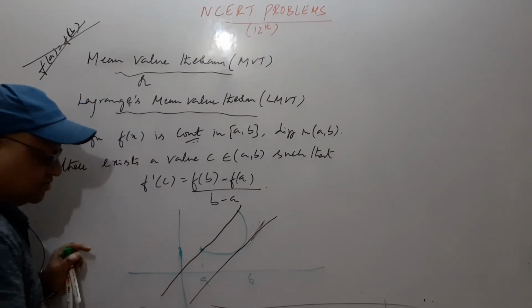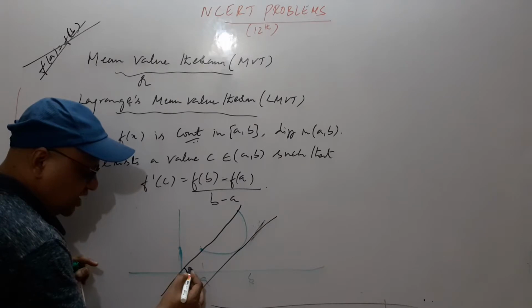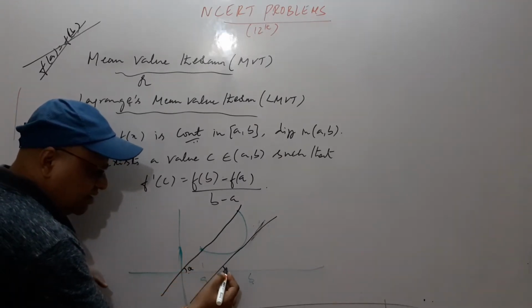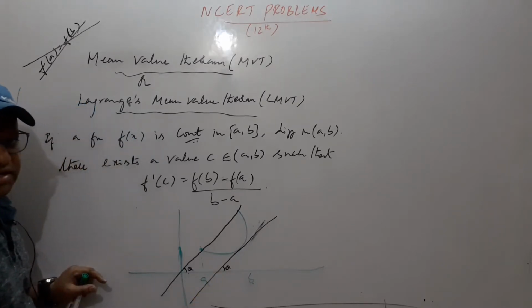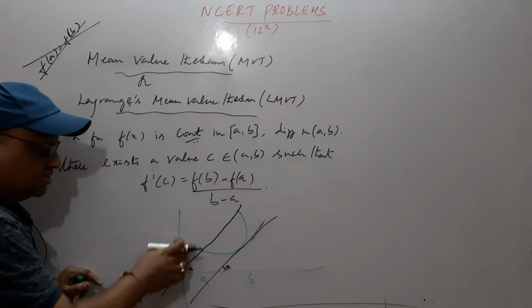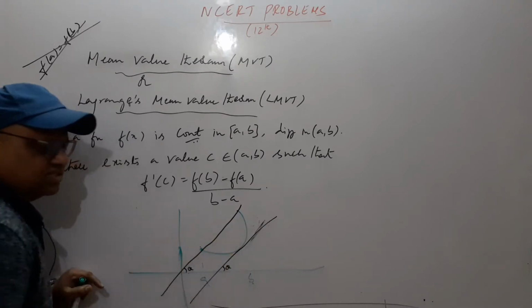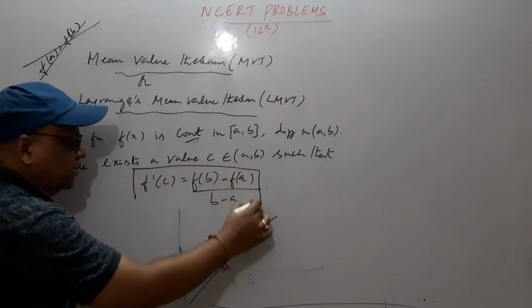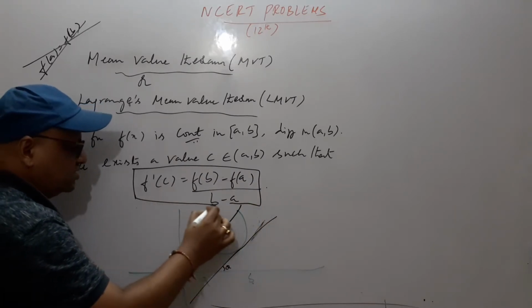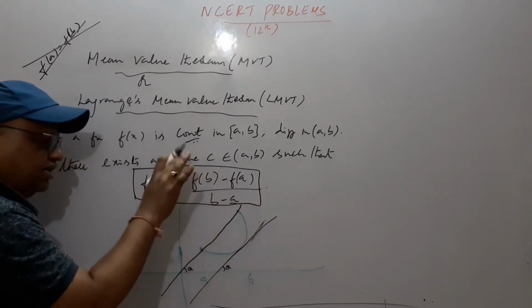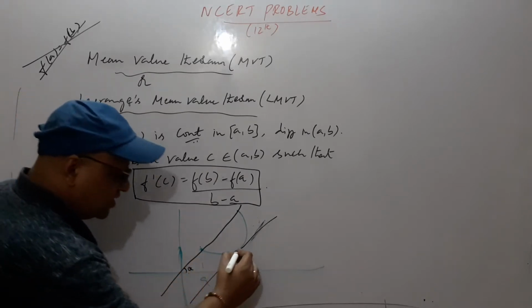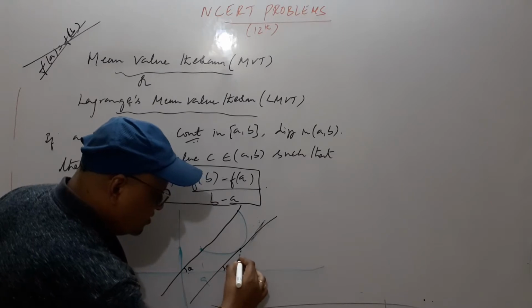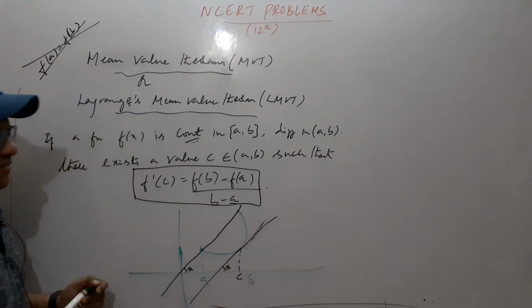If you just observe, this secant is making theta, the angle with the x-axis, because both are parallel, this is also theta, we can consider. So that means the slope of this is equal to slope of this. So this particular formula gives slope of the secant. Indirectly, it is giving us slope of the tangent at the point C. This is your point C, students.